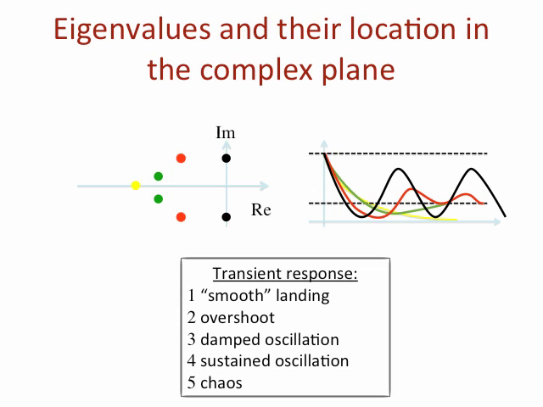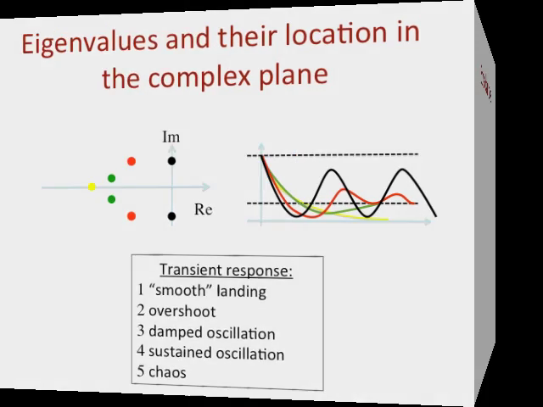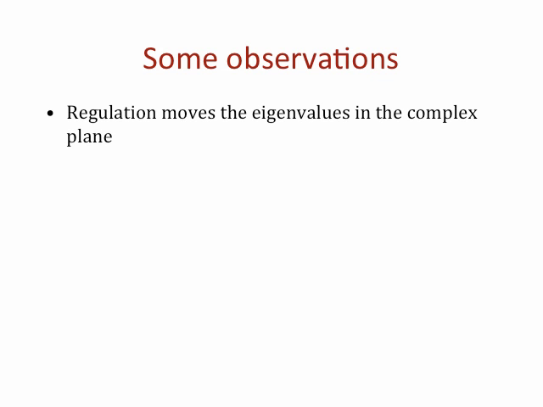So let me just conclude that I could add into that complex plane image to the top left a dot in the origin, and a dot in the origin would mean the occurrence of multiple steady states, as shown with the example that I just went through. So we have some observations here. First, I'll say that the regulation moves the eigenvalues around in the complex plane.